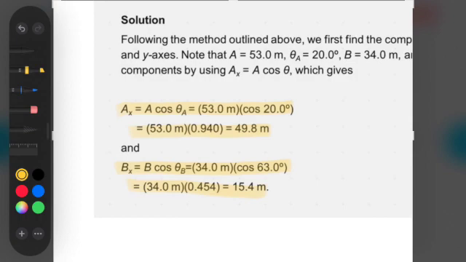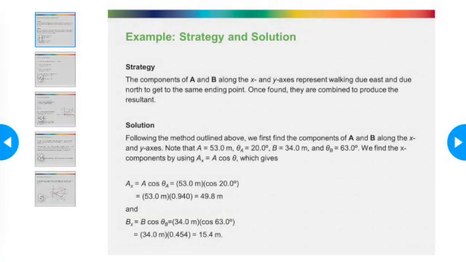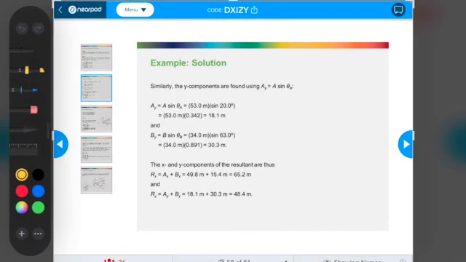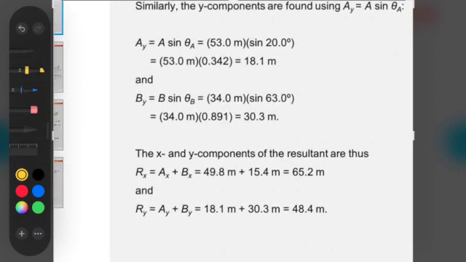So now we have the x components of the vectors individually. We can add these up here in a minute. Before we do that, we want to find the y components. Ay is A times sine of theta A, so 53 times sine of 20 degrees, which is 18.1.